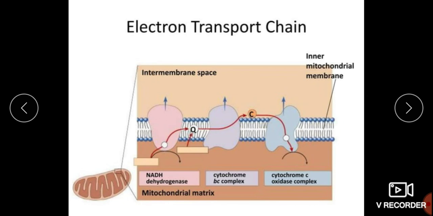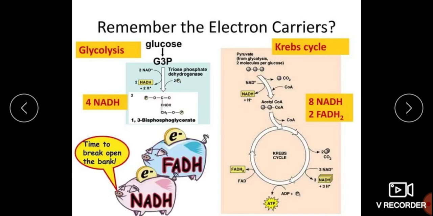It is associated with a number of complexes. The first complex is NADH dehydrogenase, the second complex is the cytochrome BC complex, and the third is the cytochrome C oxidase complex.